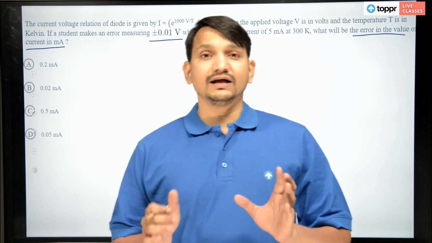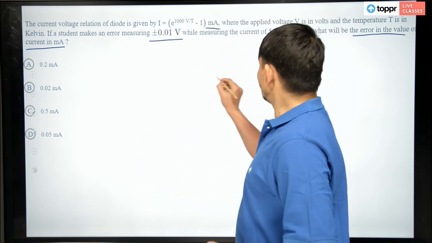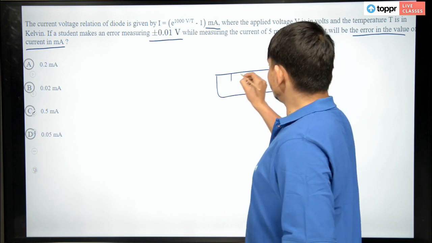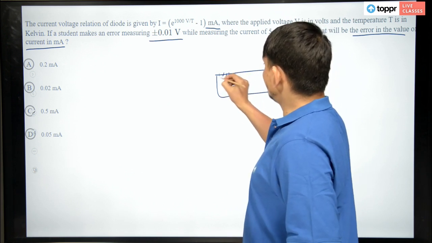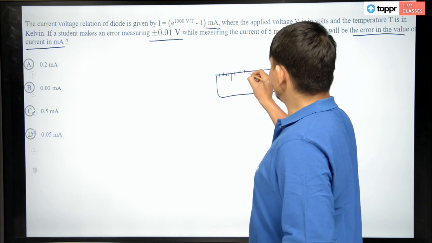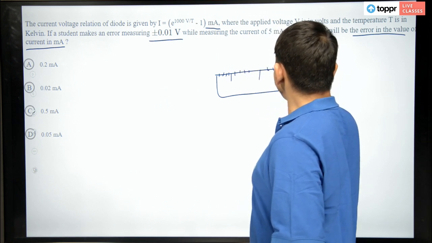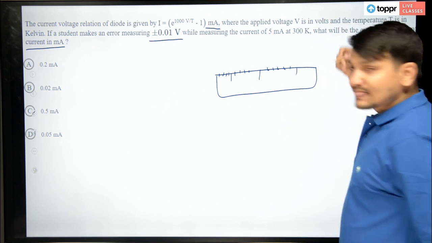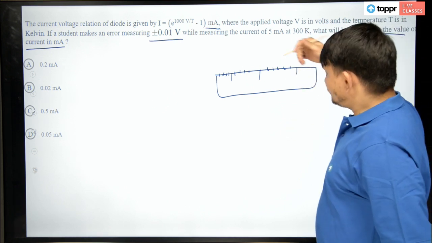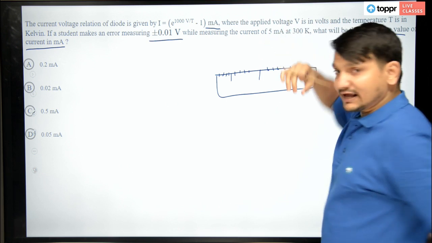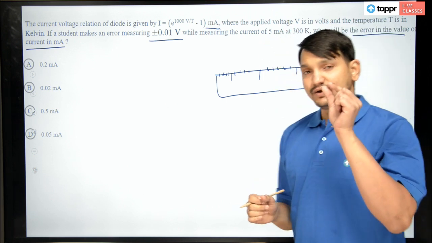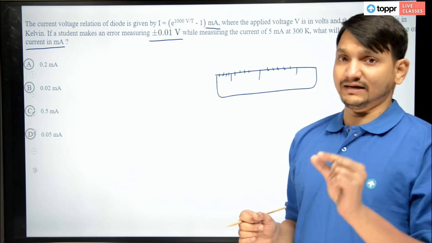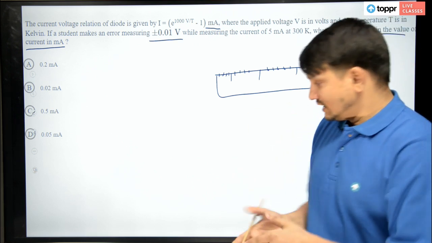Suppose you are using a scale, you might have seen that there are markings in that, and however precise you are, you cannot be more precise than 1 millimeter, which is the least count.